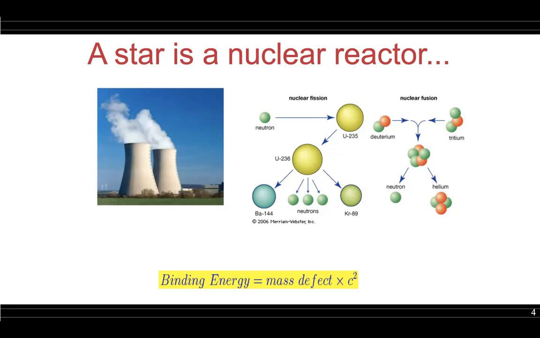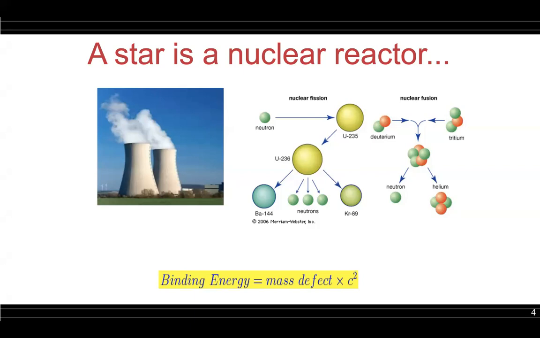As we know, a hydrogen atom has one proton and one electron, while helium has two protons, two neutrons, and two electrons. So to convert hydrogen to helium, we would require 4 hydrogen atoms.